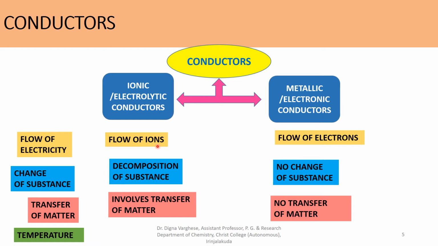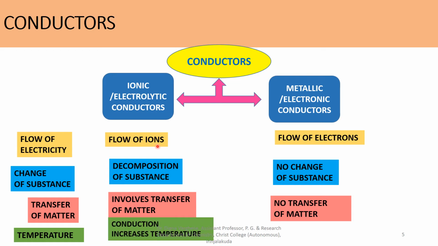The faster movement of ions means the conduction increases. That means conduction increases with increasing temperature. What about when the temperature increases for metallic conductors? In the case of metallic conductors, the conduction decreases.